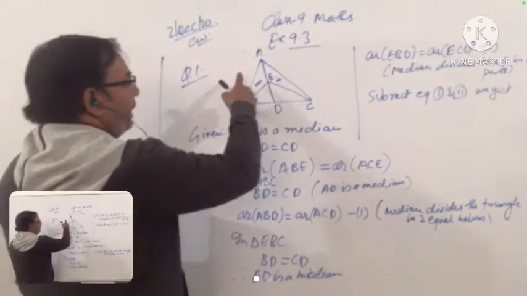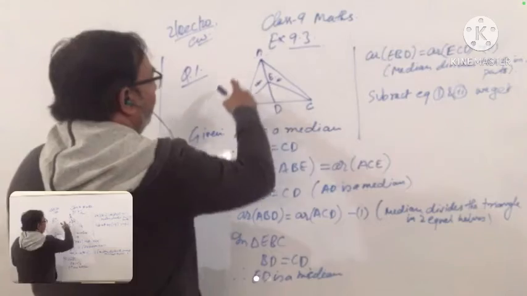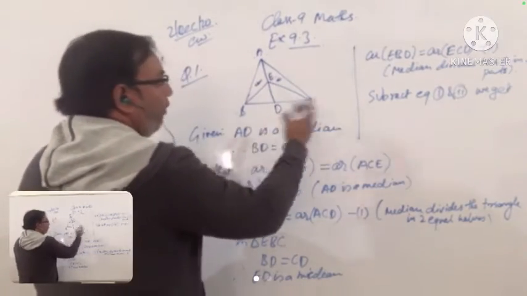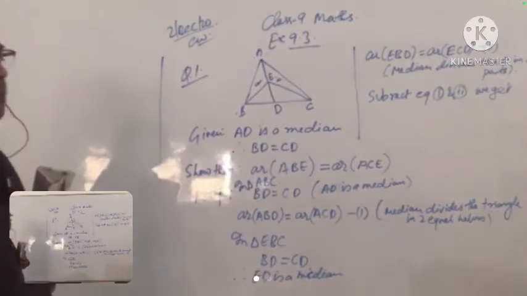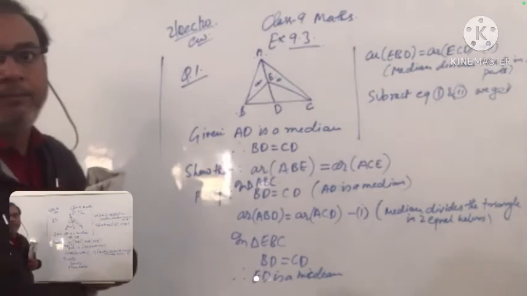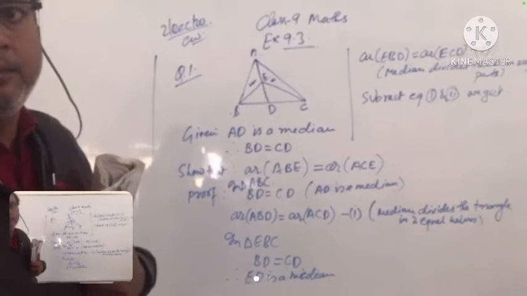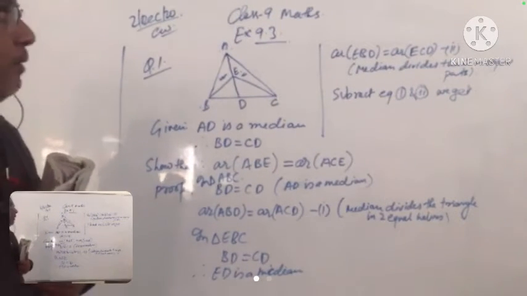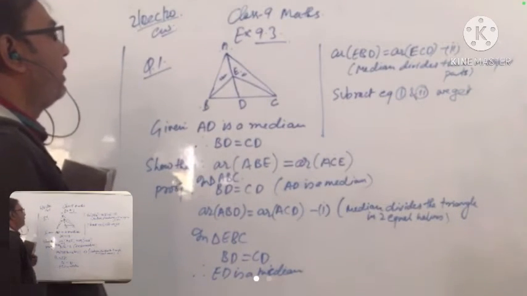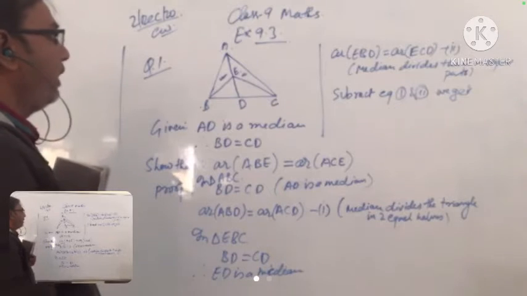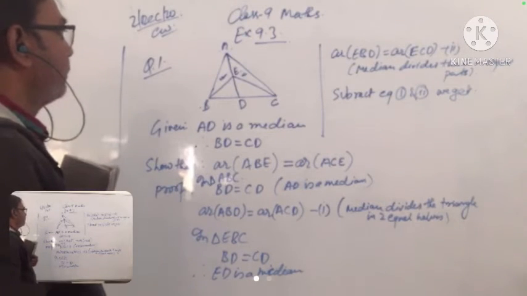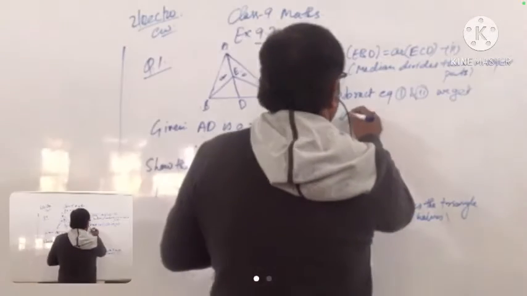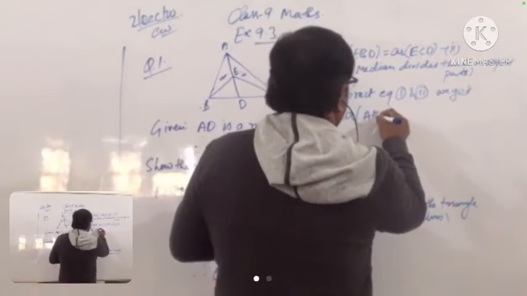If we subtract area of triangle ABD minus EBD, what is the leftover? Ah, it's okay, no problem. Area, not triangle. Area of ABE.